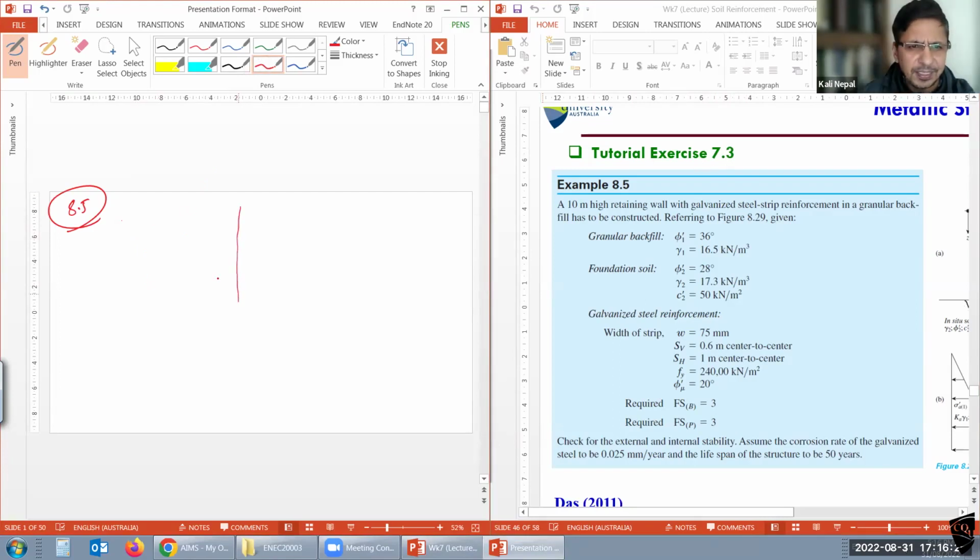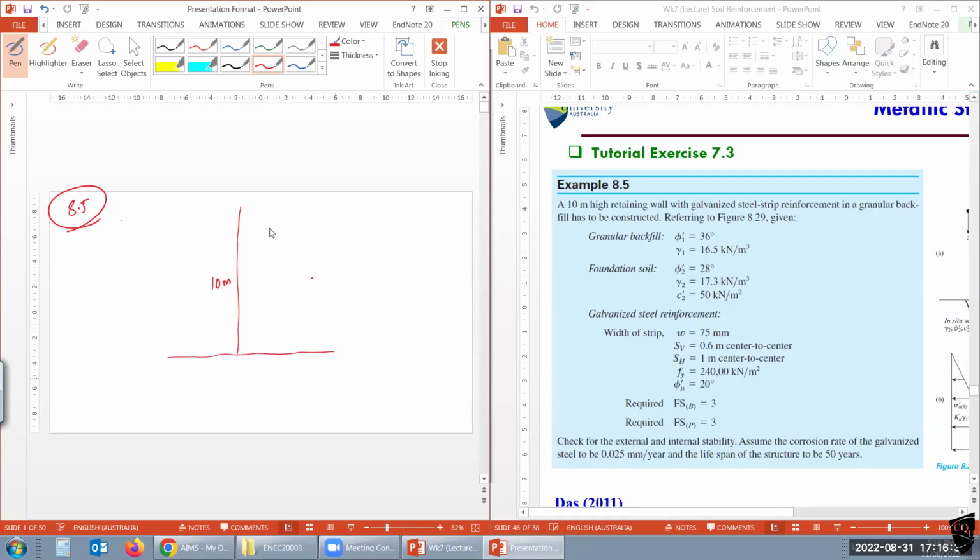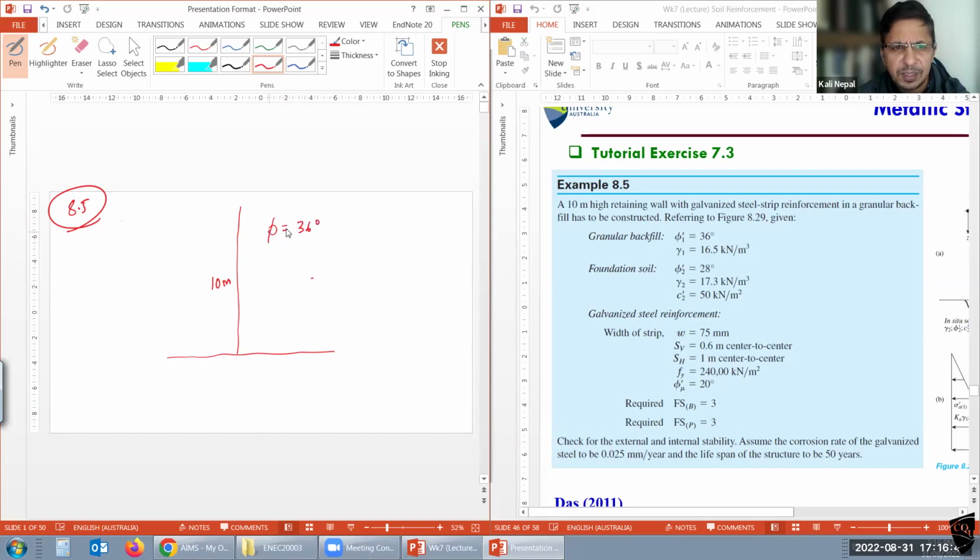A 10-meter high retaining wall with metal strips. The backfill is all granular, cohesionless soil. So backfill has phi equal to 36 degrees, and density gamma equal to 16.5 kilonewton per meter cube.